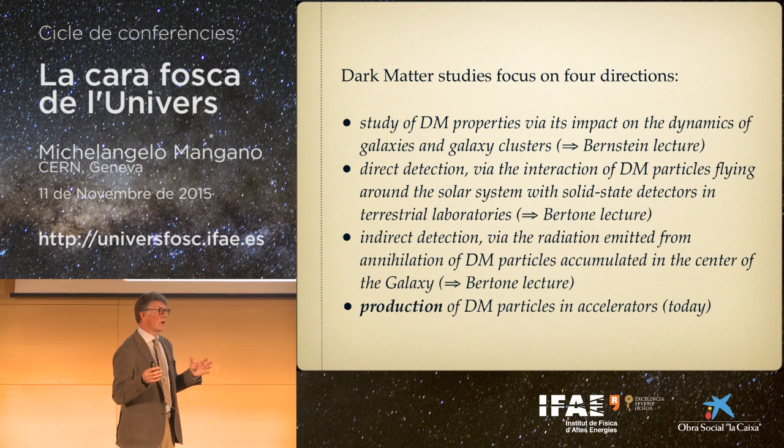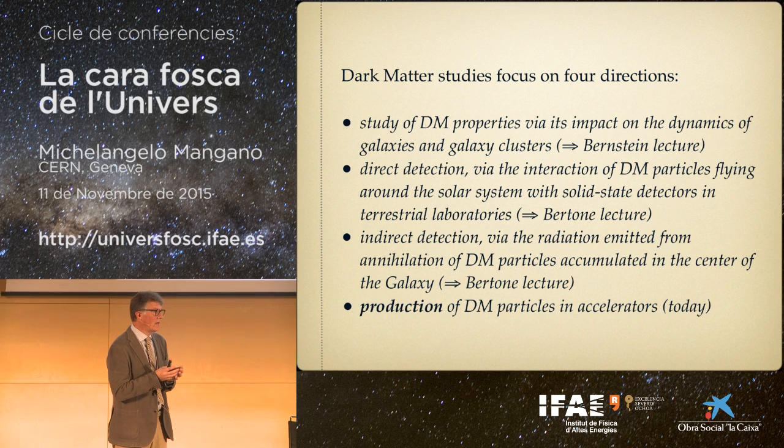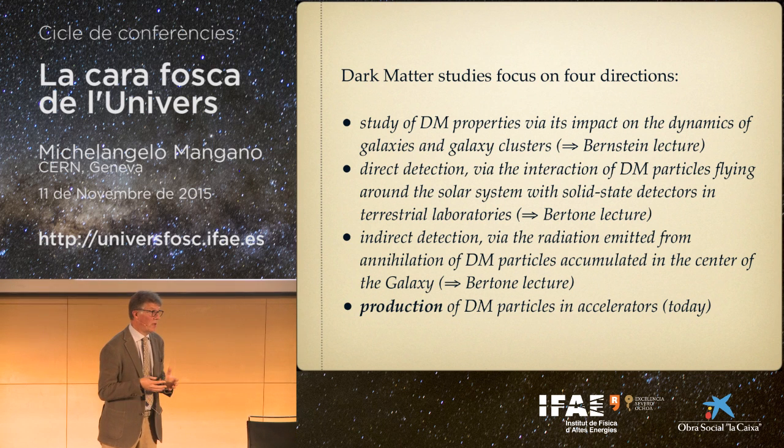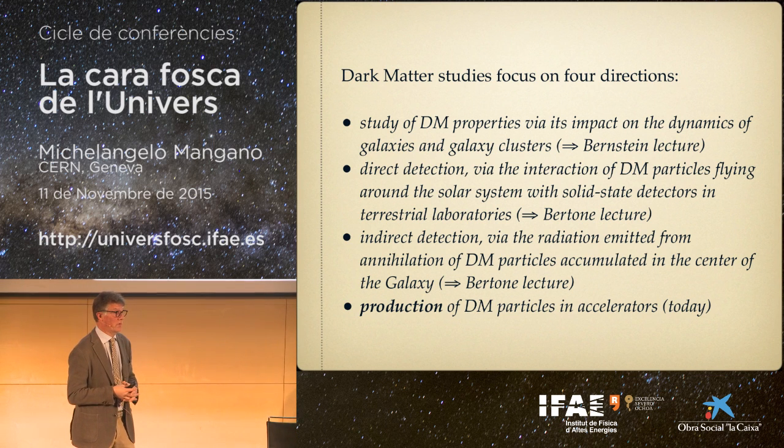Dark matter tends to cluster in the center of galaxies, and if dark matter interacts somehow, it can annihilate with itself and give rise to radiation. It's not necessarily true that it has to happen, but it could happen, and therefore it's important to look for this phenomenon.